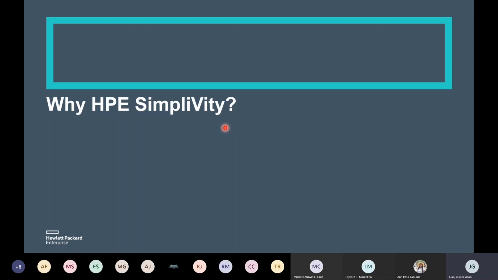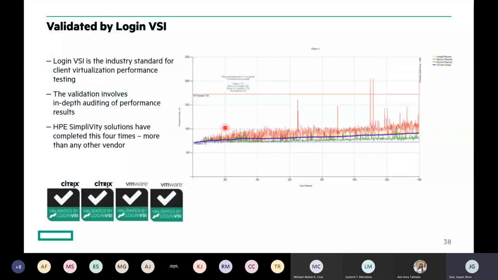So I'll be moving on to why HPE SimpliVity as your virtualization platform or as your hyperconverged solution platform. So first, whether our workload is going to be VDI or data center consolidation, we are validated by industry's top third-party organizations. We are validated by Login VSI for client virtualization or VDI, where they measure the boot storms and performance of the VDI and rank SimpliVity as one of the top performing VDI solutions out there for both Citrix and VMware Horizon.